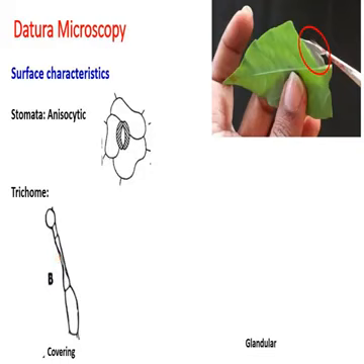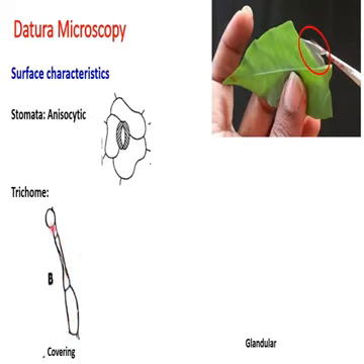There are two kinds of trichome in Datura. One is called the covering trichome and the other is the glandular trichome. Covering trichome means it has a separate cover above the cells.